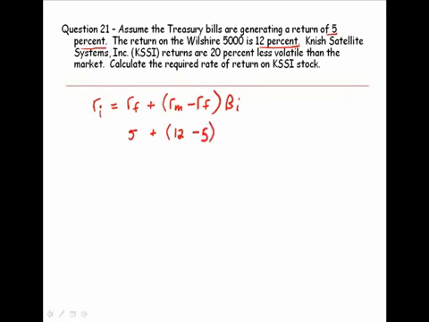And our beta is going to be 0.8, isn't it? Because we are told that the returns of this stock are 20% less volatile than the market. The market has a beta of 1, and so this stock, with returns that are 20% less volatile, is going to have a beta of 0.8. This generates for us a required rate of return of 10.6%.